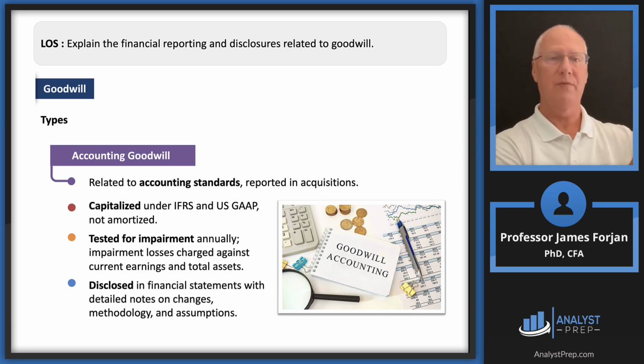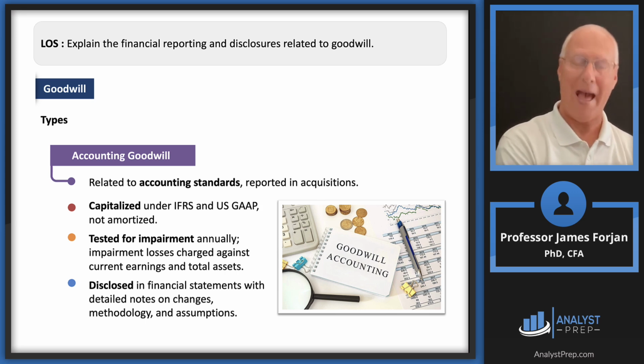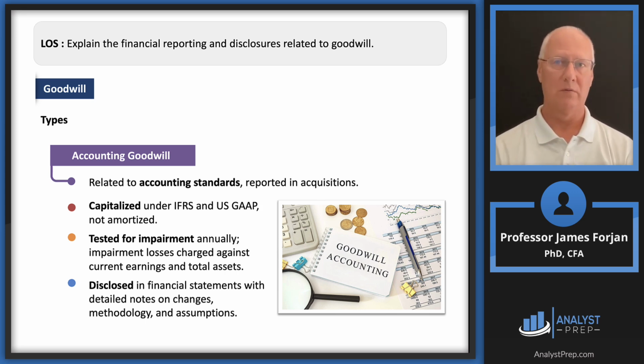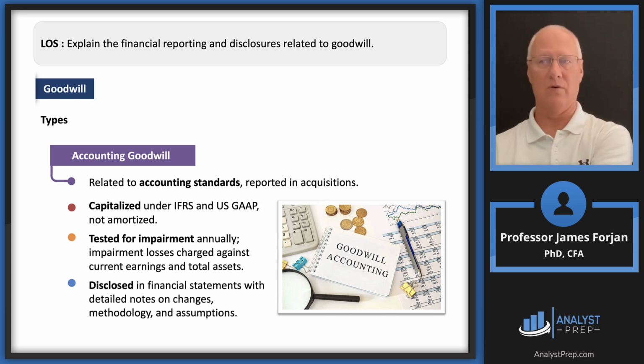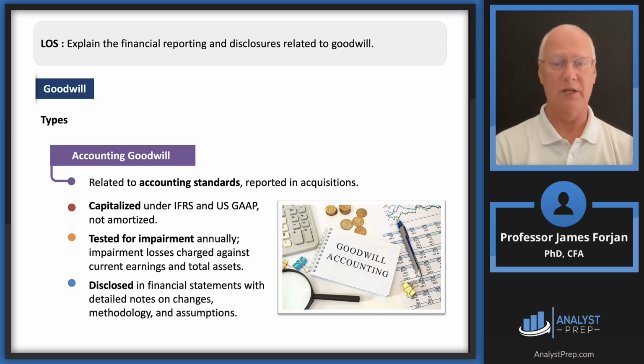So you pay a bunch of capital today for a truck, or you pay a bunch of stuff today for a patent. Well, what you do is you capitalize those things over the life of the physical or the intangible asset. And by the way, this is a really good exam question.